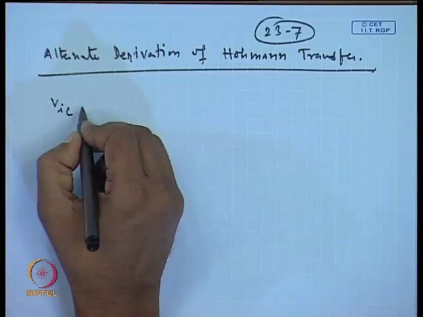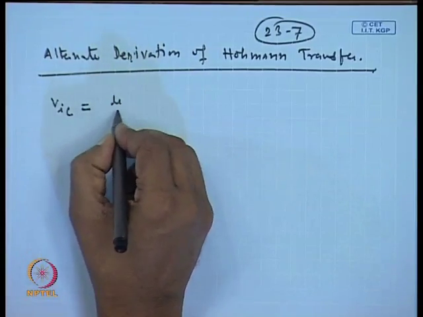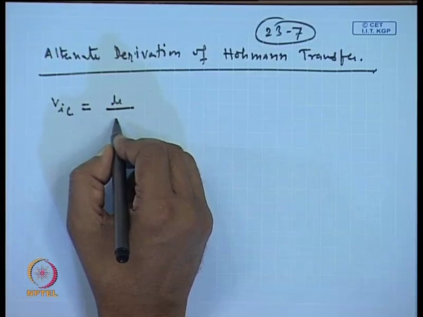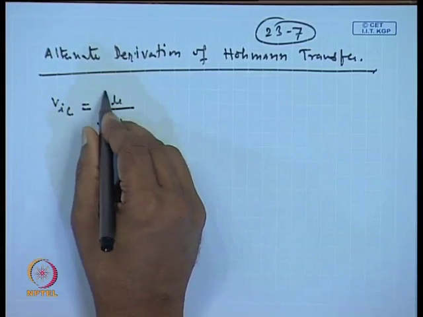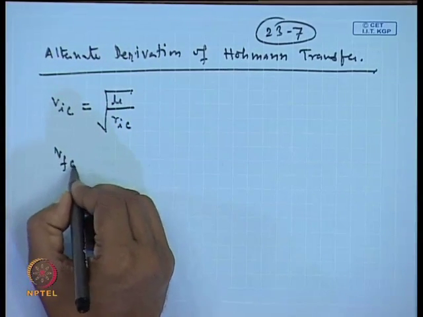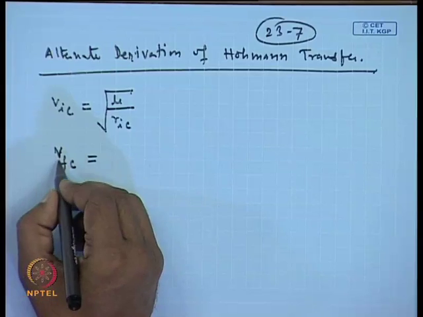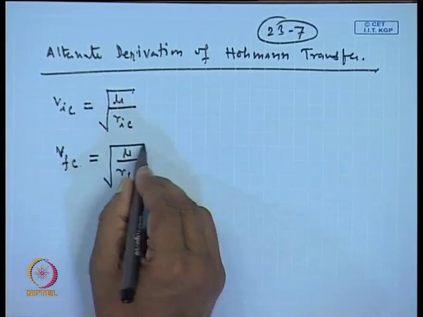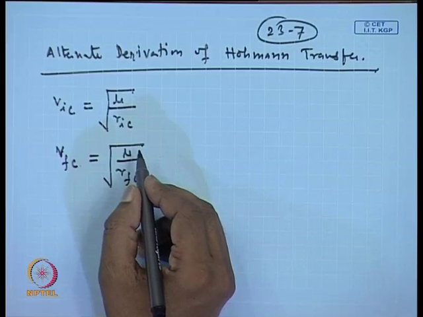Let us say V_IC is the velocity of the satellite in the initial circular orbit. This will be written as square root of mu by R_IC, and V_FC, the velocity in the final circular orbit, will be square root of mu divided by R_FC.